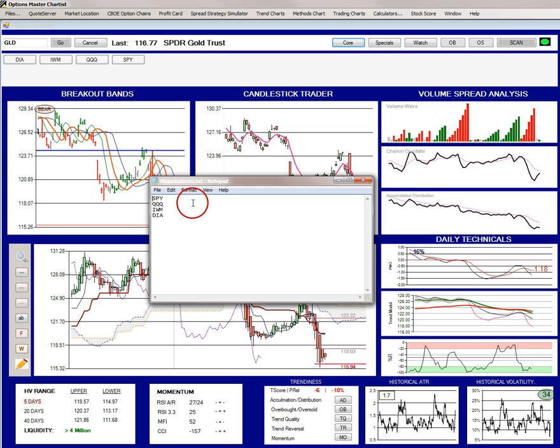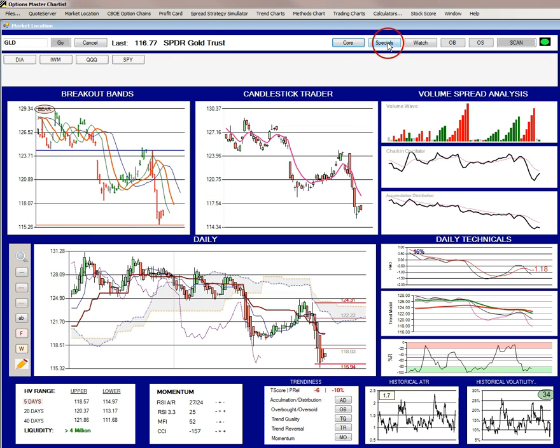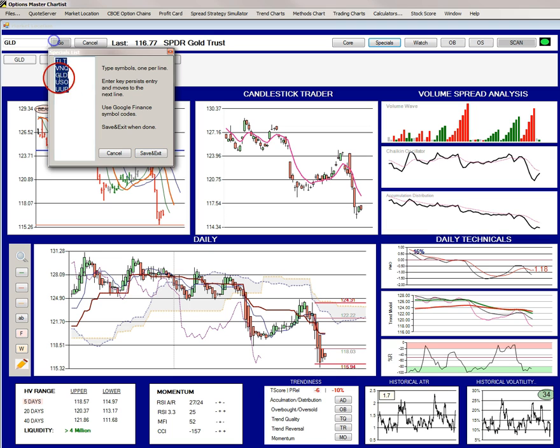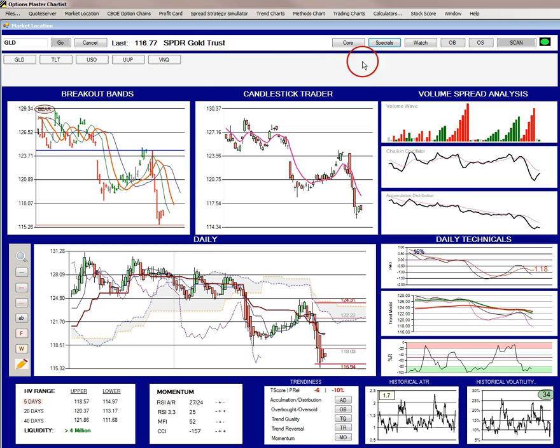For example, this was the major indexes, and just for simplicity, this is the major asset classes. What you do is you just copy from a prepared list and paste it into a watch list, and then you save it, and then we'll have those symbols in alphabetical order that you can then look at on the market location page.